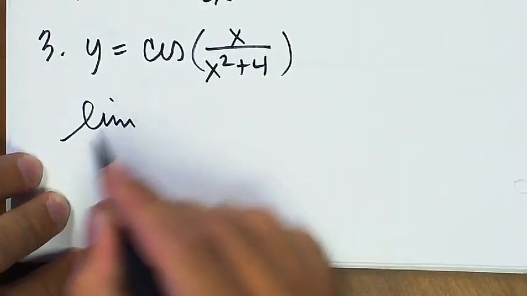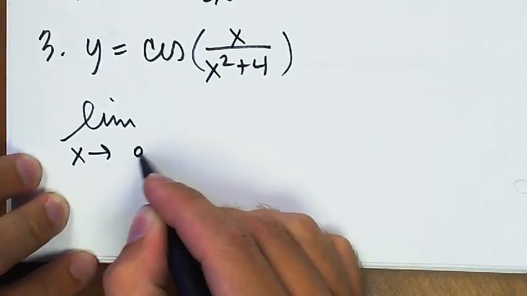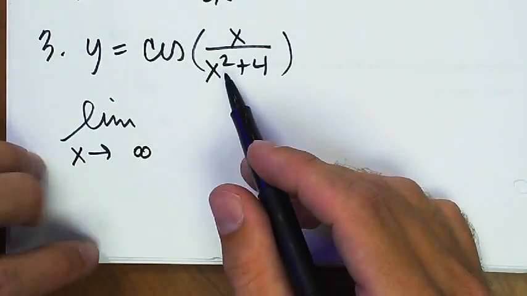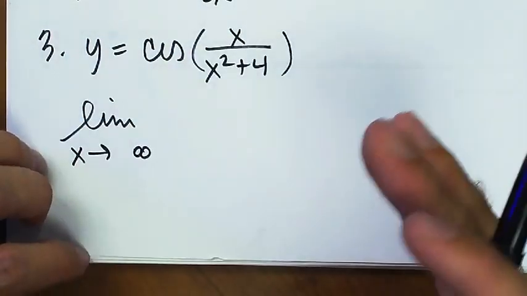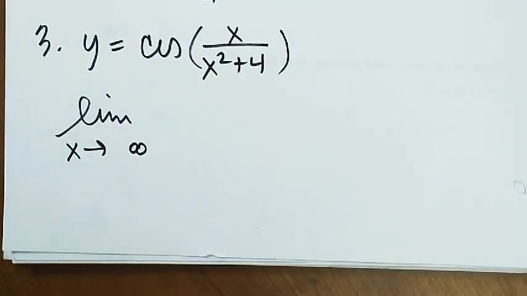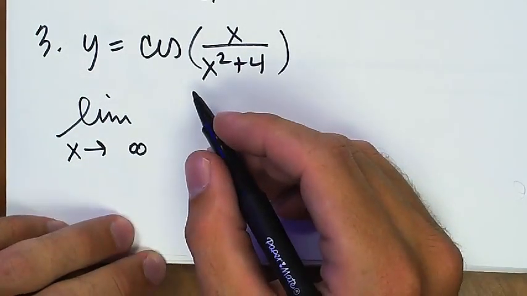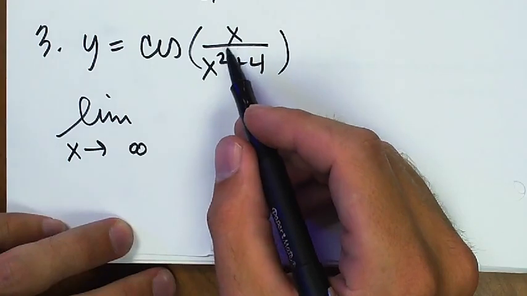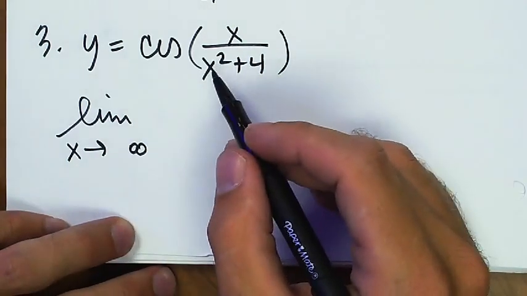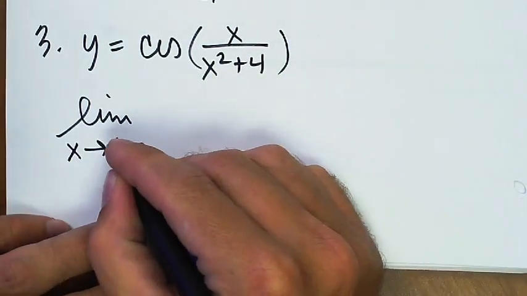Well, what you're going to do is consider the limit as x approaches infinity of just the fraction. We'll start with the fraction, then we'll take cosine because we know a little bit about cosine. Inside the fraction, it's bigger on bottom, right? x squared on bottom, just one power of x in the top. And actually, the limit as x approaches negative infinity is going to be the same thing. It's bigger on bottom, so it's going to go to 0.